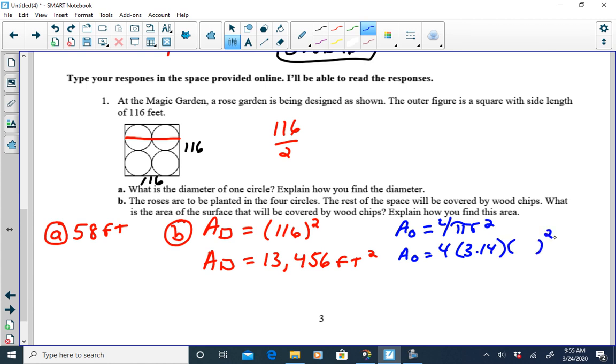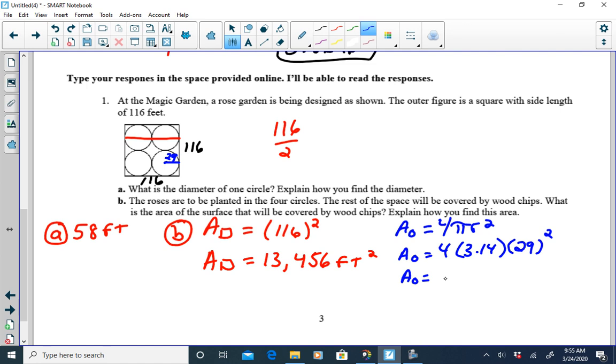Well, what's the radius? Well, we answered part A as the diameter of one of those is 58 feet. Well, the radius is going to be the 58 feet divided by 2. So 58 divided by 2, that means that the radius is going to be 29.